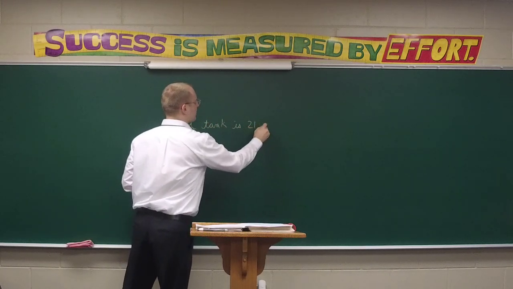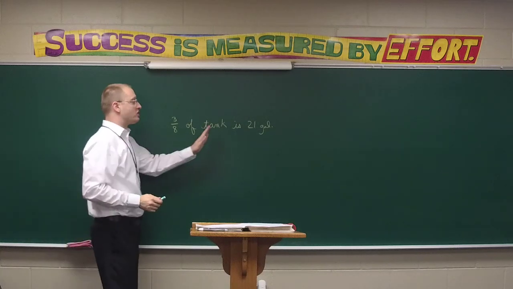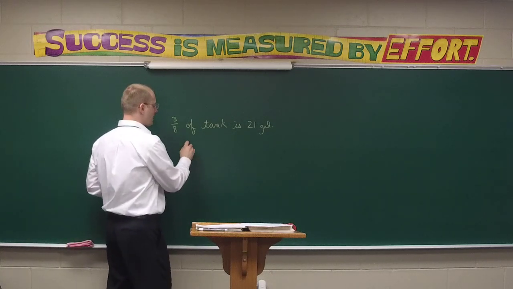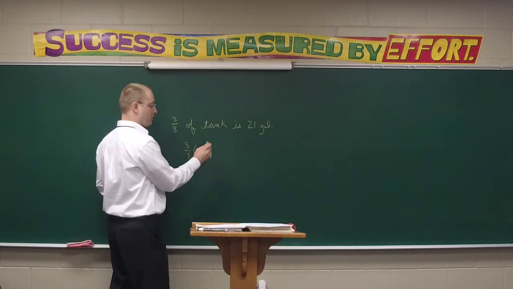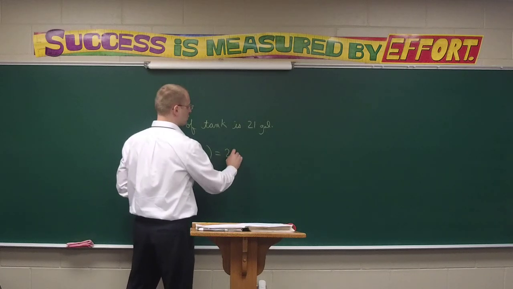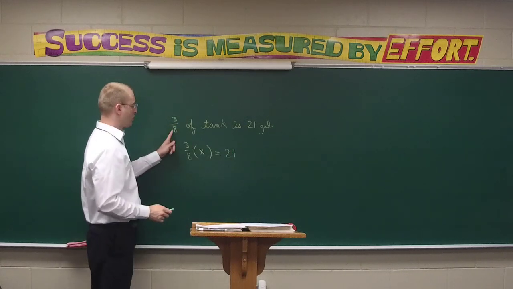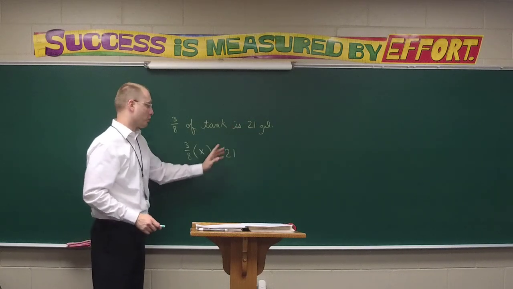is 21 gallons, right? Since we don't know how full the tank is, we could say that 3/8 times x, because we don't know the fullness of the tank, equals 21 gallons. 3/8 times x equals 21.